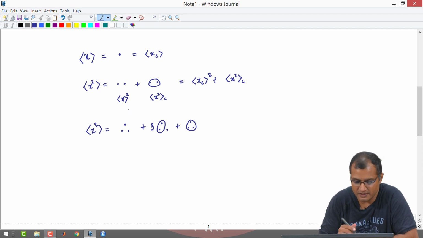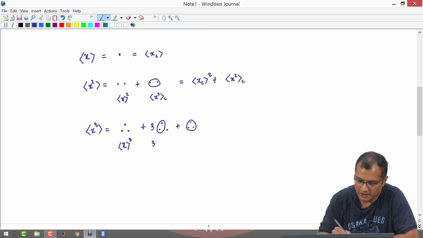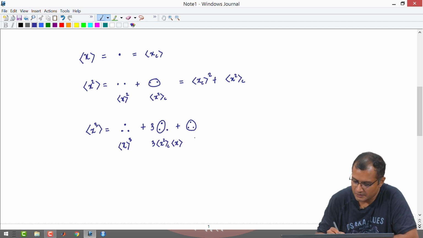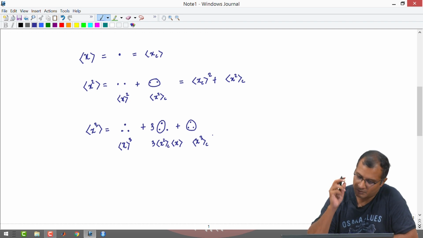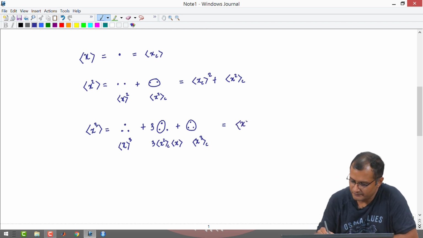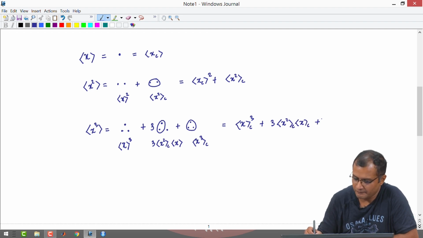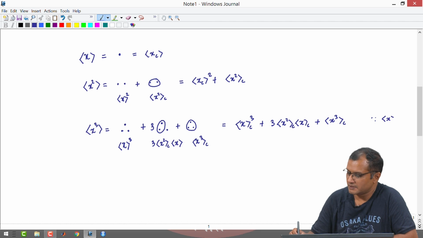So, the first is basically 3 disconnected dots, which is nothing but the first moment to the power 3, plus 3 times the second cumulant into the first moment, and 3 connected dots is the third cumulant, because we have the logic of keeping connected dots as cumulants, and this can be written as, because our first moment is also a first cumulant.